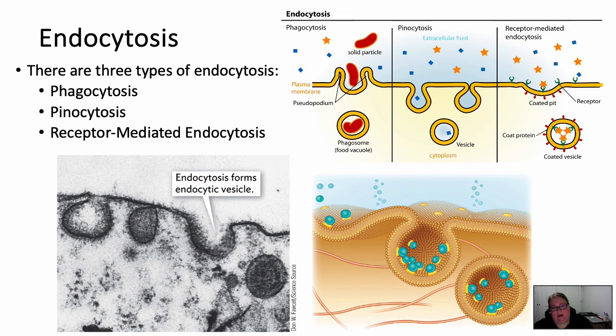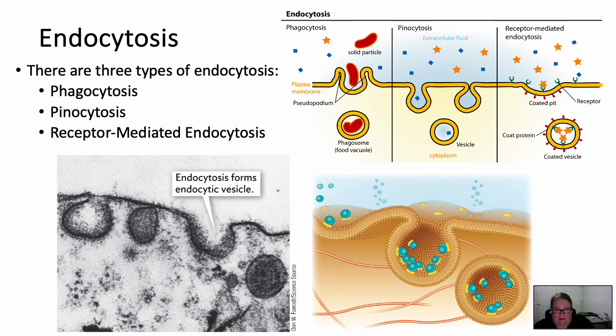We can always tell what's going on if we know the roots of the words. Remember, cyte means cell. Well, phago means to eat, so phagocytosis literally means cell eating. Pino means sipping, so pinocytosis is cellular sipping.